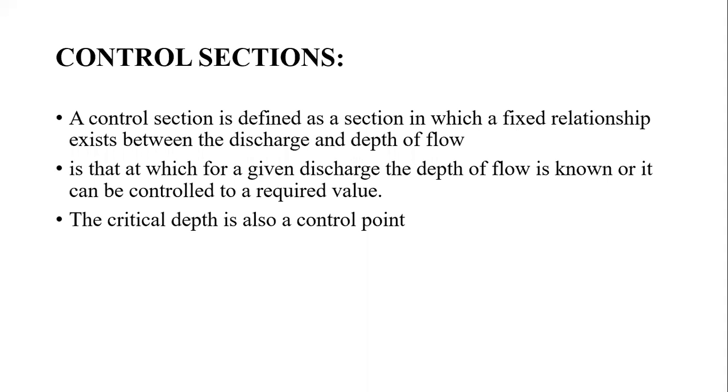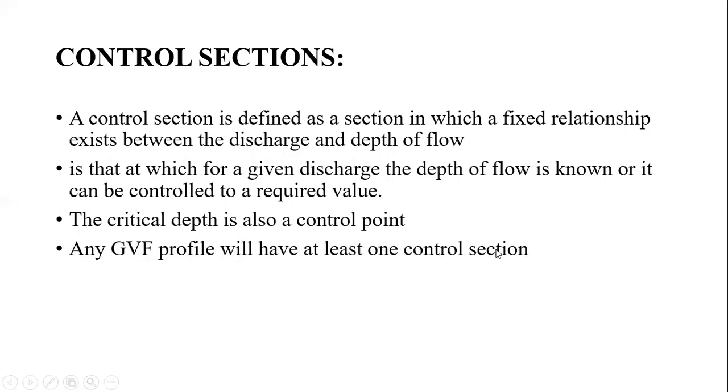So whenever control points are not mentioned, we can treat the critical depth line, the CDL, as the control line or control point, or the region in between as the control region.